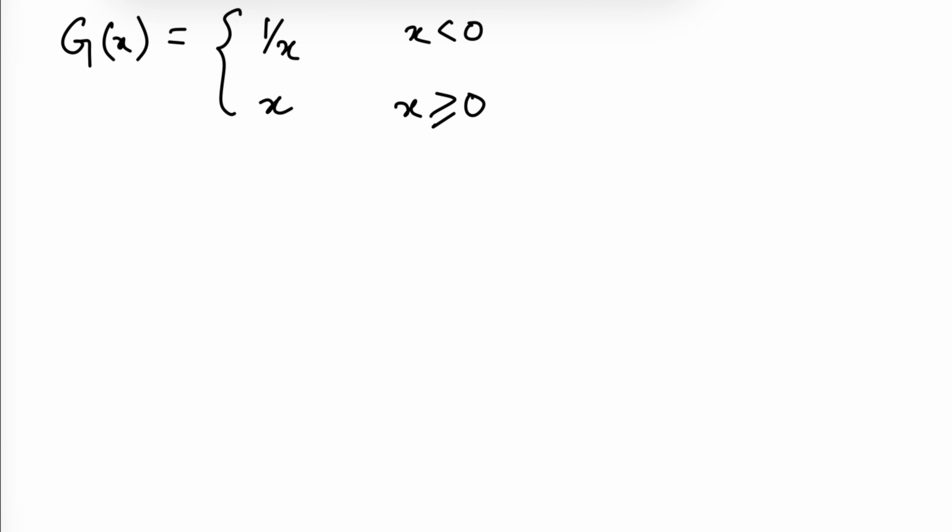Okay, so now I'll try to explain how g of x is defined, and we'll draw the graph of these particular functions individually, so that we can combine them and form our required graph. Okay, so now I'll draw the coordinate axis.